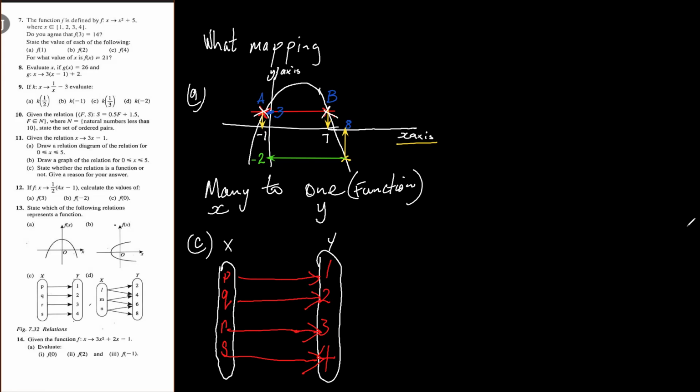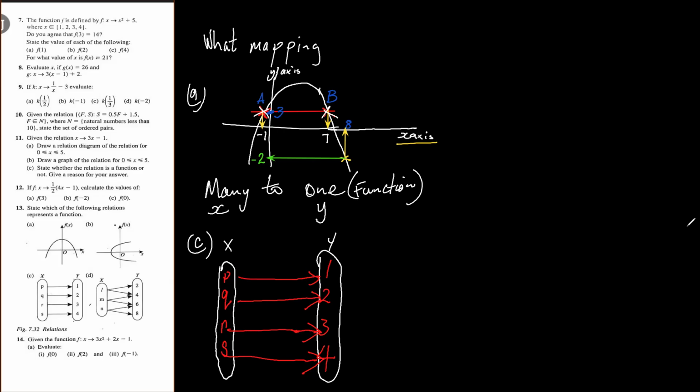I'm asking what kind of mapping because there's P going to 1, Q going to 2, R going to 3, and S going to 4. So there's one element in the domain being mapped onto one element in the range.